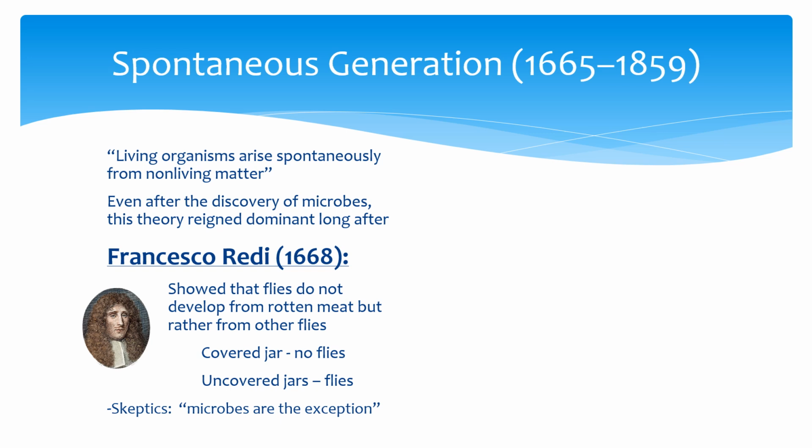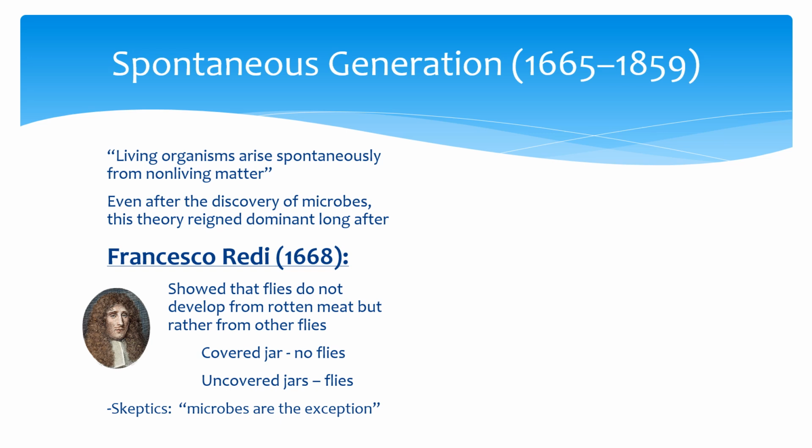So he did an experiment using meat, where he put a slab of meat into a jar and left it open versus a slab of meat in a jar that had a lid over the top. And what we know is that uncovered, organisms like flies would land in the meat and end up creating these worms. So maggots, right?